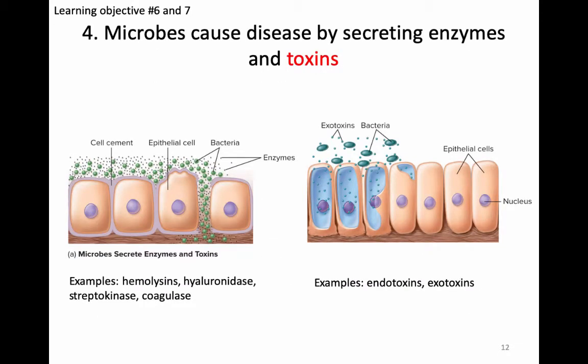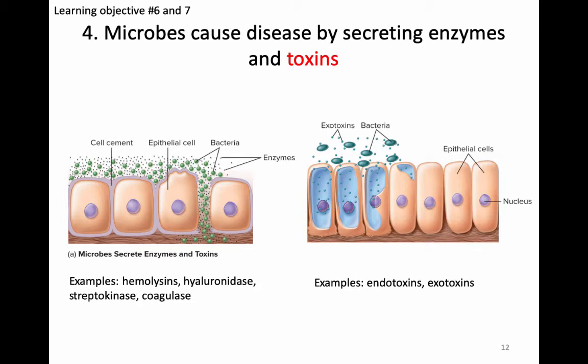Okay, step 4. After the microbes have entered, adhered, and survived host defenses, next they cause disease, which is damage to the host, by secreting molecules that are categorized as enzymes or toxins. And these molecules will cause damage to the host in some way. So several of them are listed on this slide.